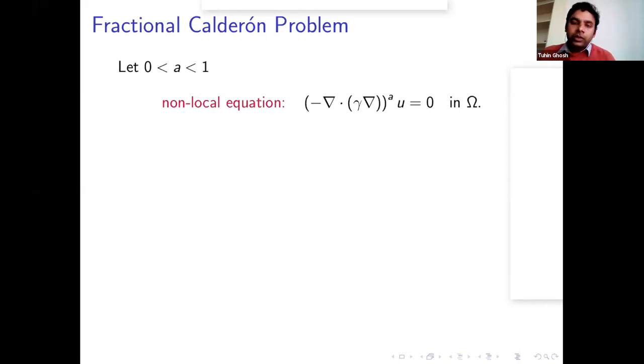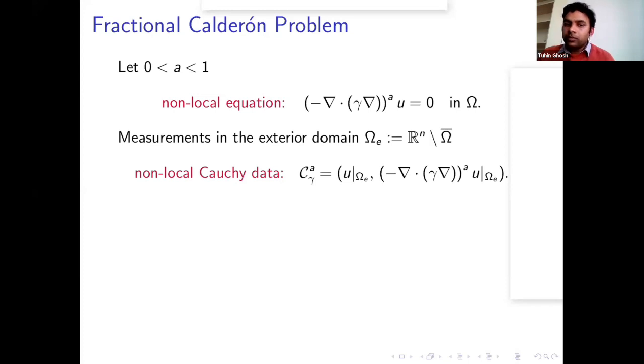And then the question is that you do a similar kind of measurement, but now not on the boundary. Instead of the boundary, you do the measurement in the exterior domain, and that is related to the non-local equation.